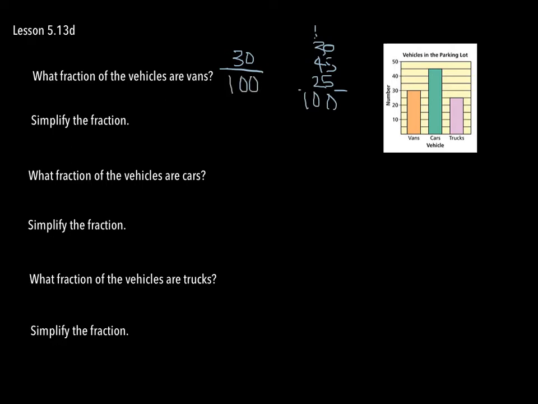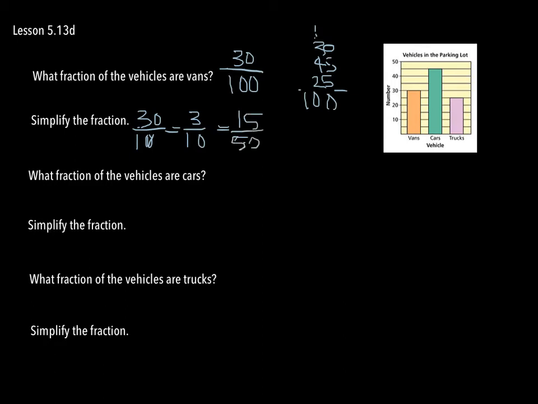And then it asks us to simplify the fraction. So I'm going to take 30 over 100. And I can divide by 10, which will give me 3 over 10. Or I could divide by 2's, and I get 15 over 50.